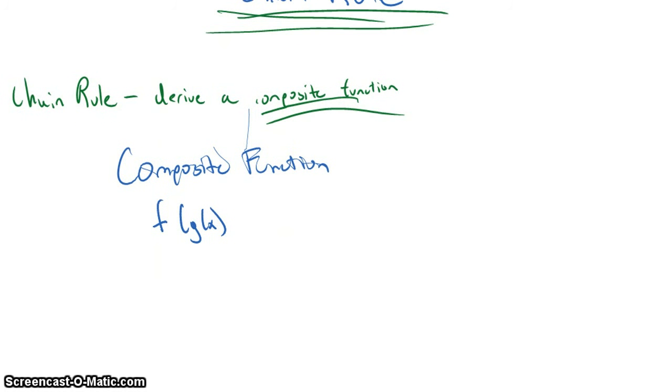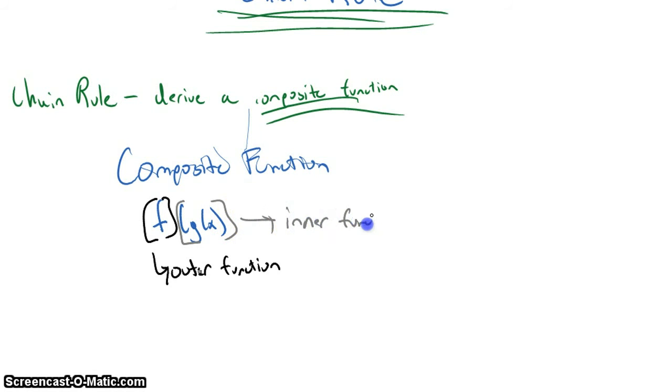Now, this function, f, is the outer function, while the function g of x is the inner function and is on the inside of the outer function, hence the word inner function.